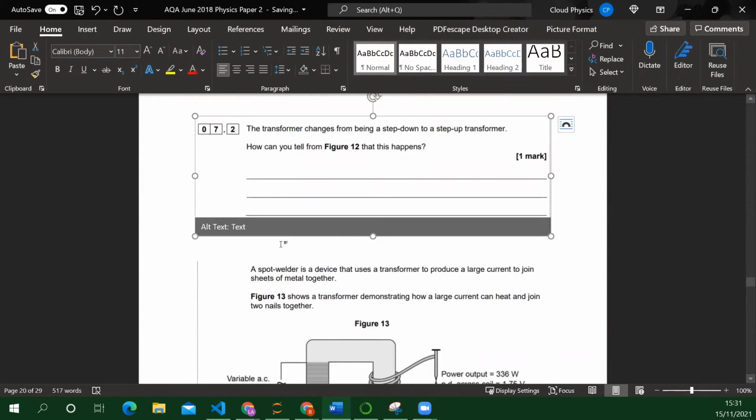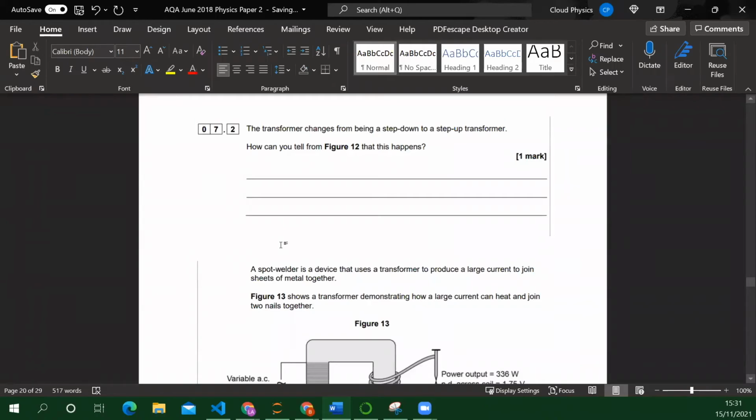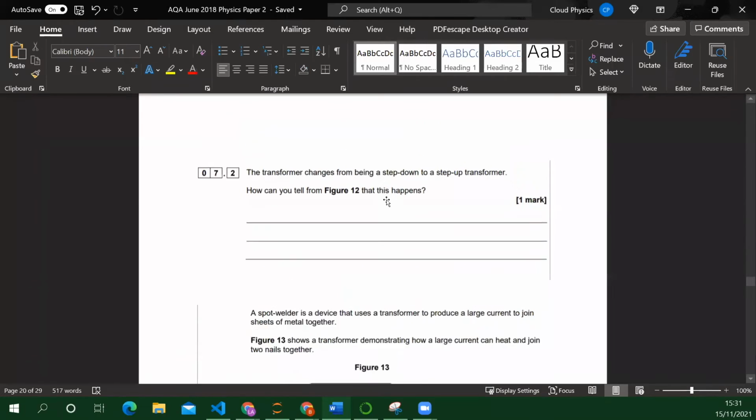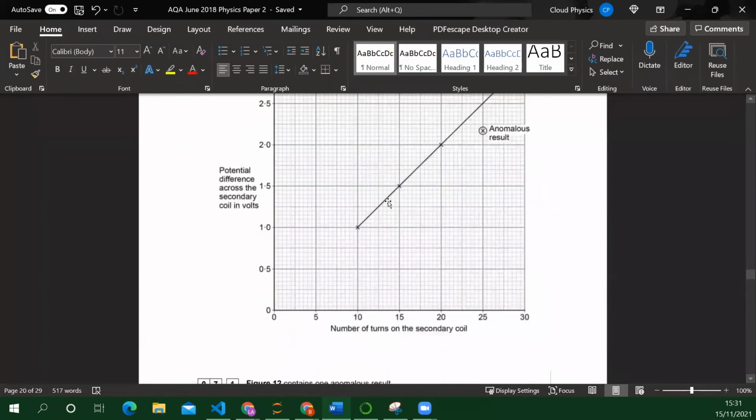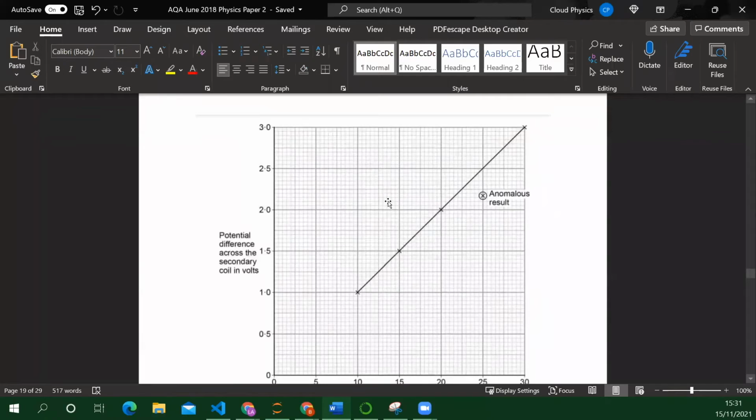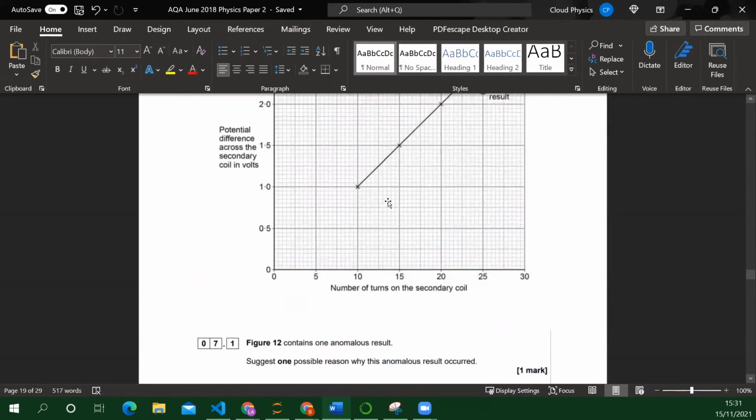Okay. The transformer changes from being a step down to a step up transformer. How can you tell from figure 12 that this happens? Let's have a look. Potential difference in volts. Number of turns secondary coil.